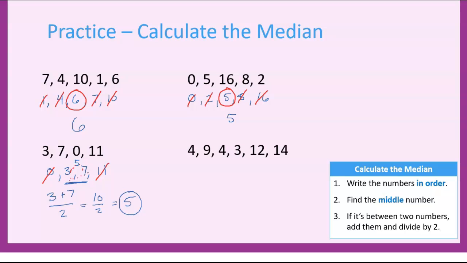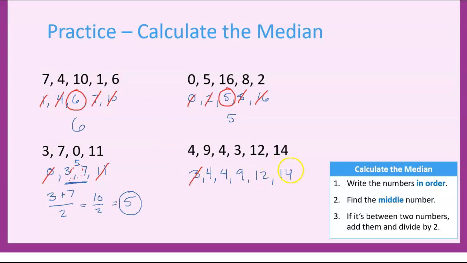All right, let's try one more. Notice we have repeat numbers here. We have a 4 twice. We do keep repeats, repeat values. Remember, purple can be two people's favorite color. So 3, 4, 4, 9, 12, 14 is our numbers in order.